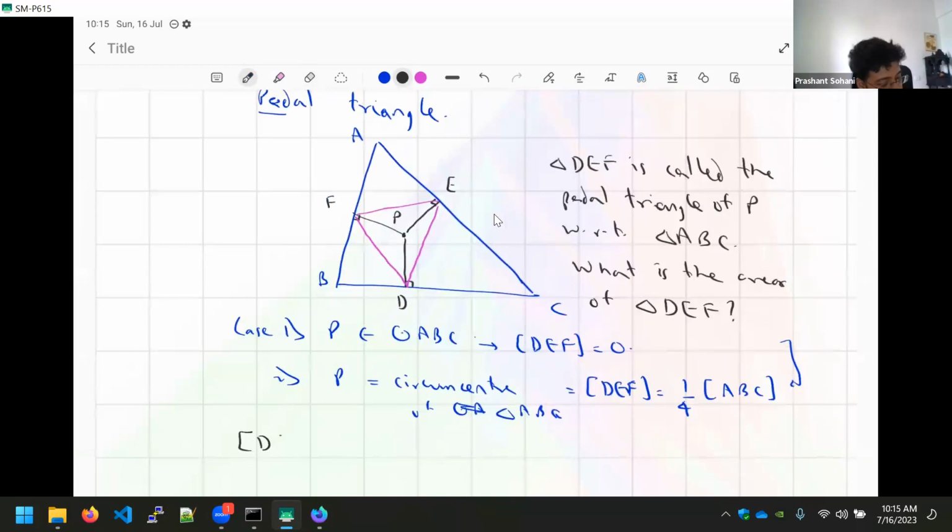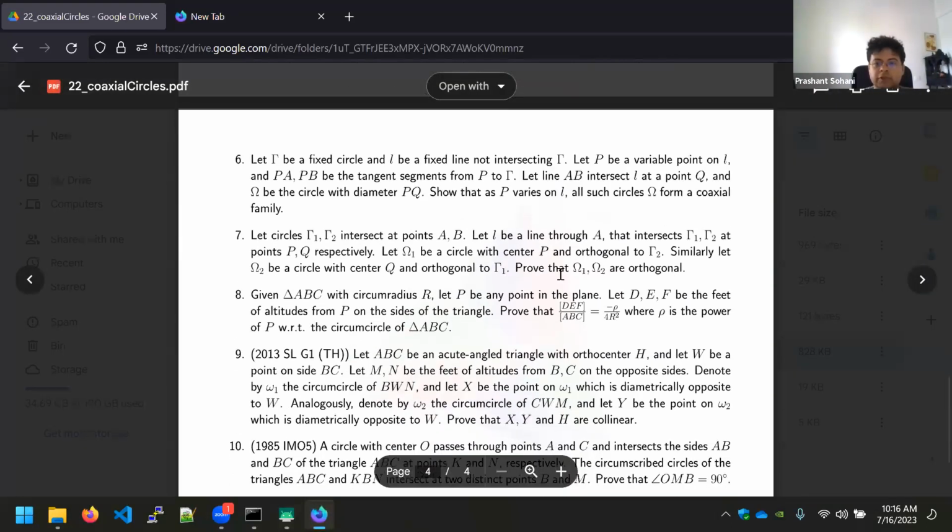So as it turns out, the area of this is equal to... Oh, sorry, I think there's a term of 4 over here. Just confirm once. Yeah, 4 R squared.